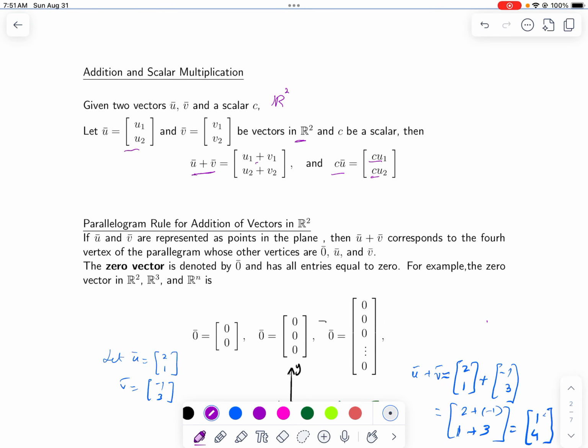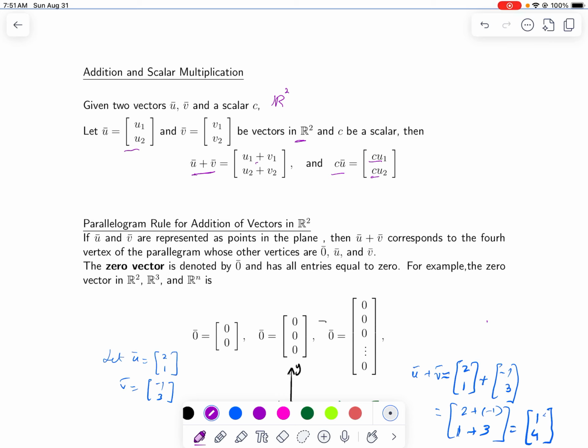There is something called the parallelogram rule for addition of vectors, and we are going to look at it in R2 again because it's easier to comprehend in R2. In higher dimensions, because we cannot visualize, it will be harder to understand, but the process can be carried over to Rn vectors.